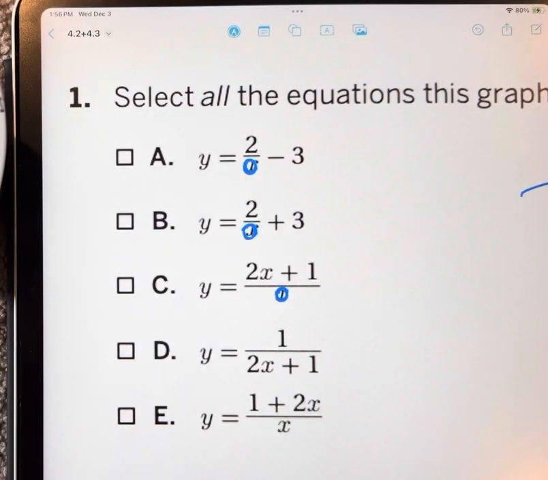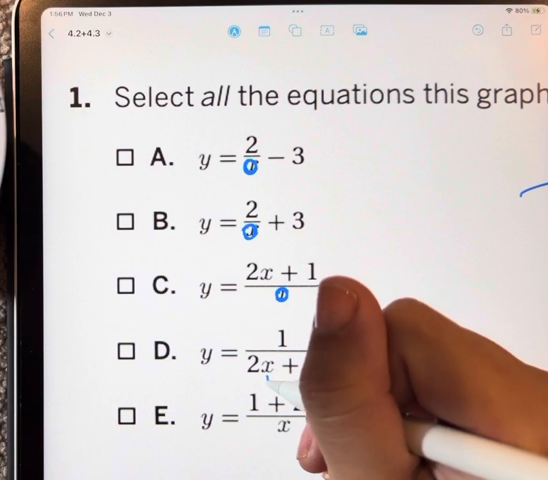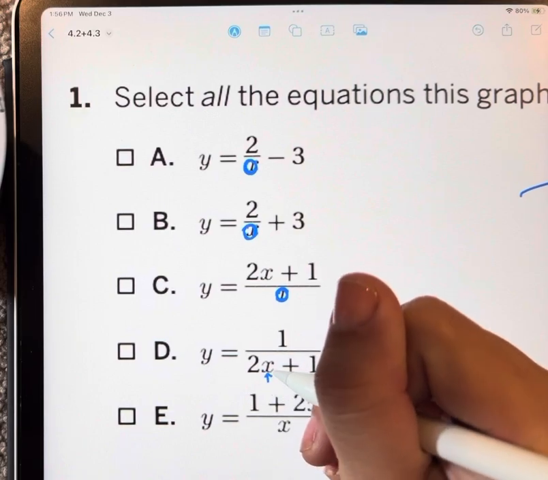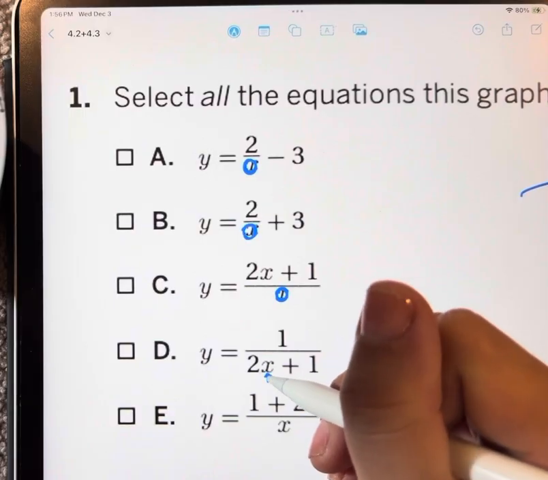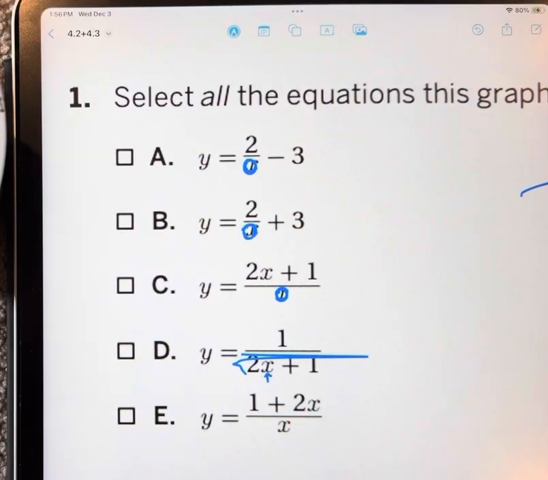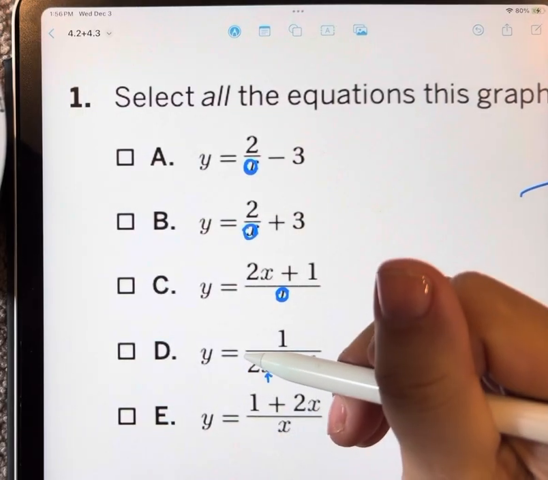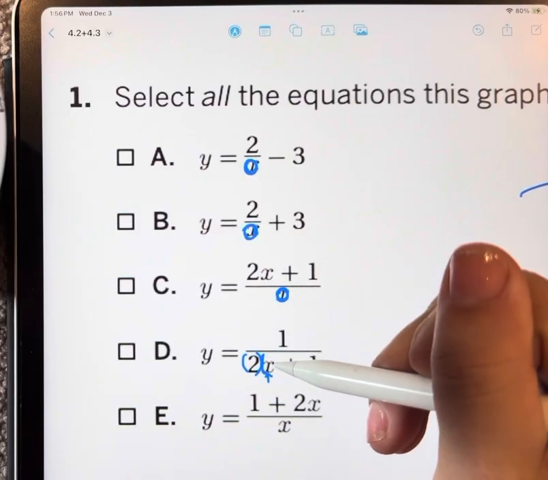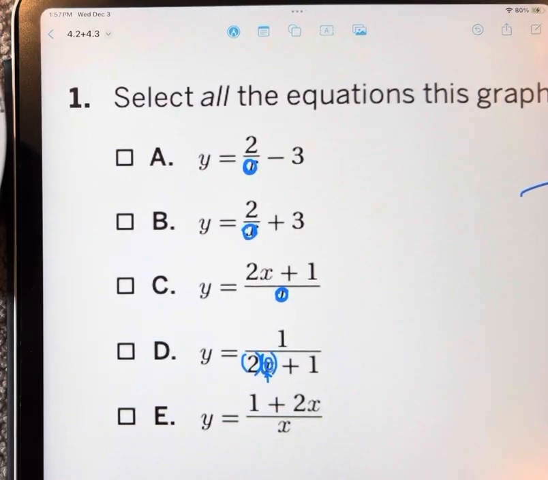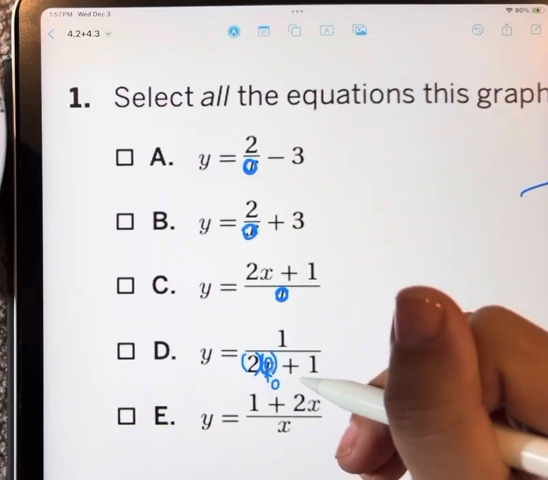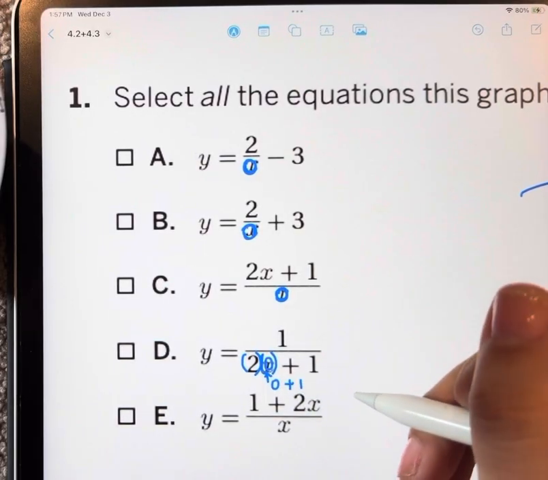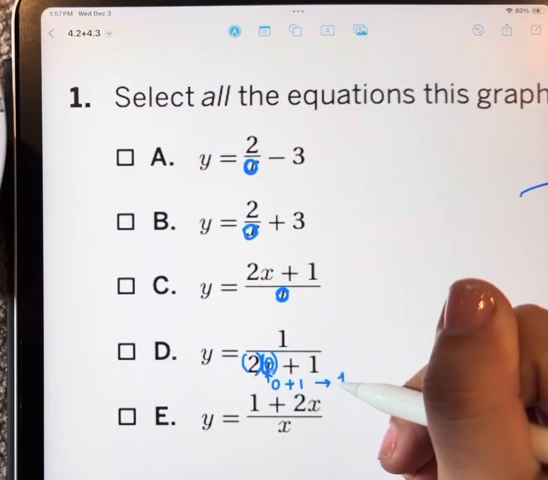It does. Over here, if I plug in a 0 for x, I'm not going to just write it like I did the others because it's going to look like 20, but it's not. Let's do it like this, 2 times 0. So 2 times 0 is 0, but then we're going to add 1, and our denominator is going to become 1.